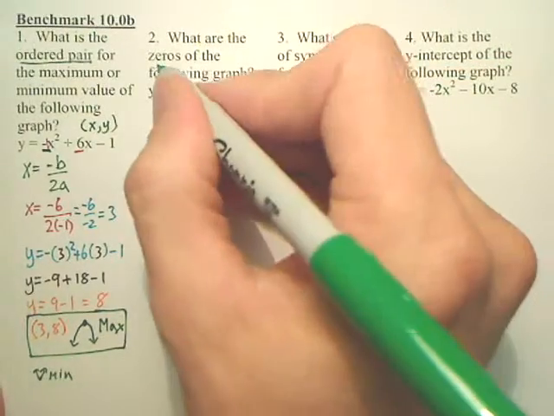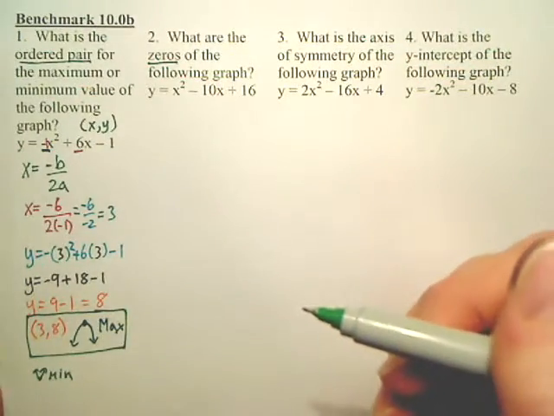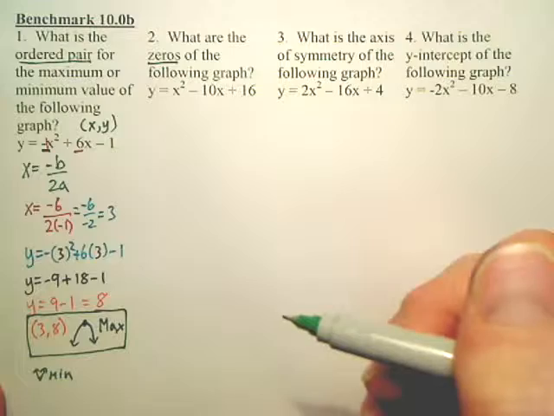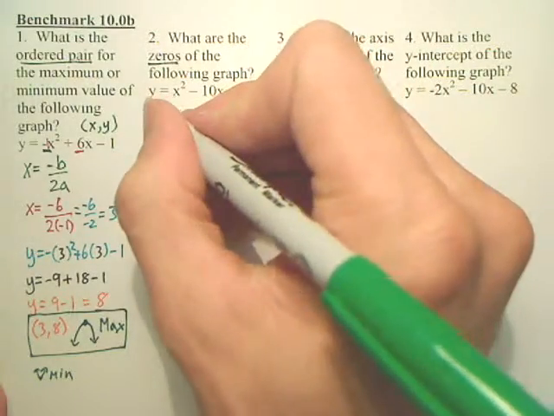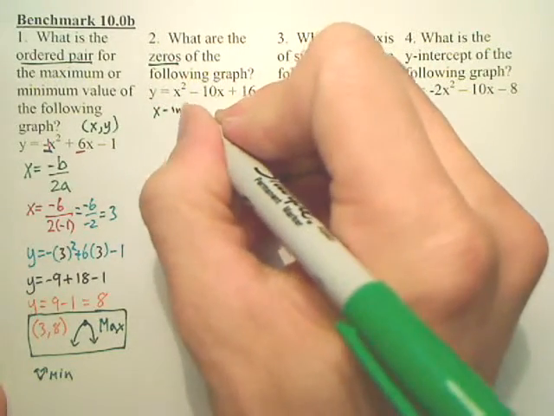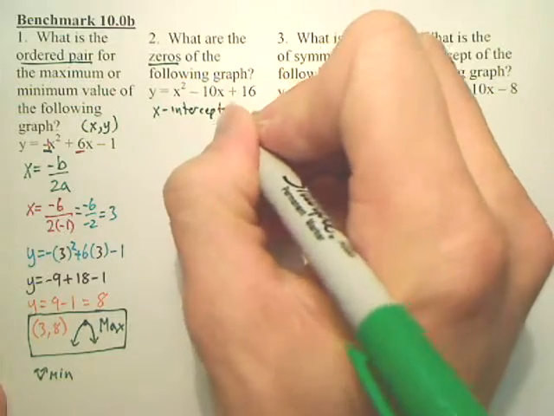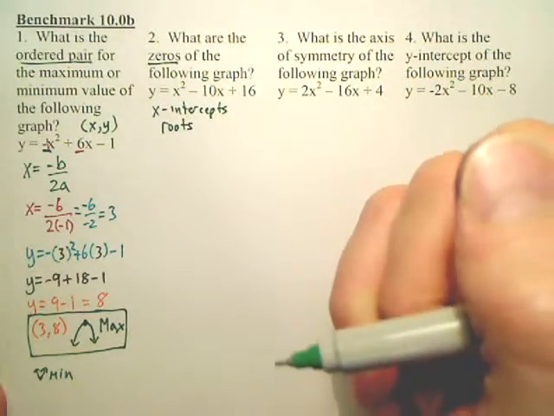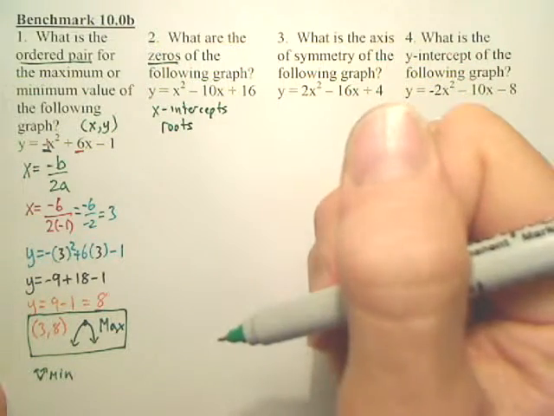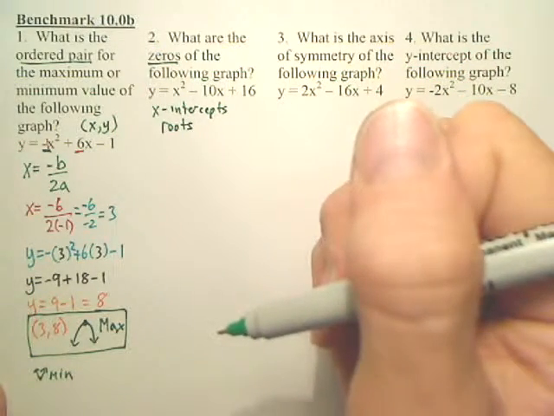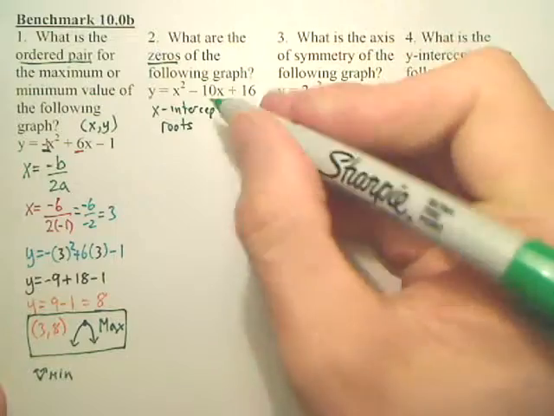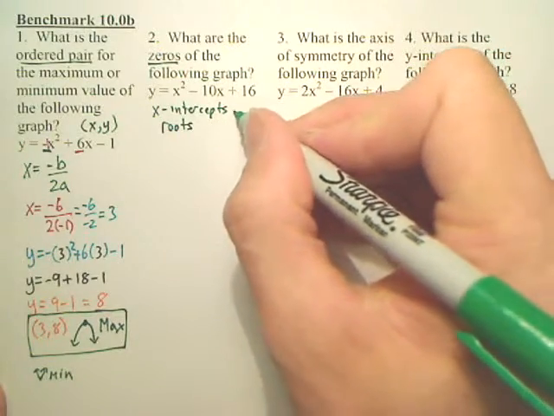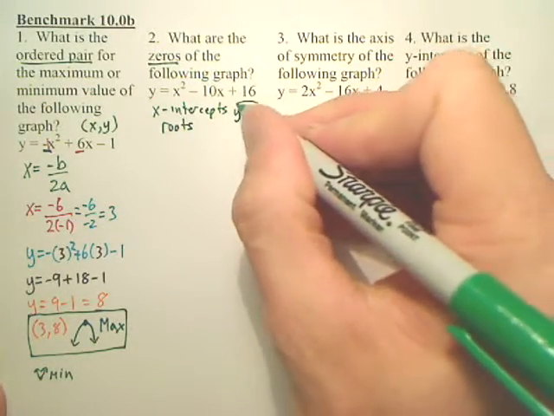Okay, what are the zeros of the following graph? We haven't talked about zeros. But zeros are the x-intercepts, also called the roots. We could graph this and find out where it crosses the x-axis, but there's a simpler method. If I want my x-intercepts, y equals 0.